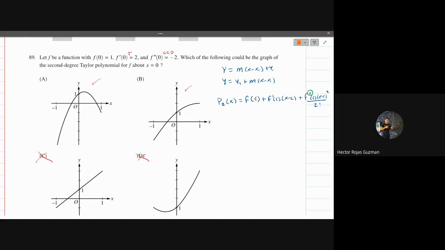The derivative will match the degree, and it's going to match the number in the denominator. The first derivative will have an x minus c to the power of 1 divided by 1 factorial. So they all match. I'm just stopping right now because we only want the second degree Taylor polynomial. But we're going to center it at 0.